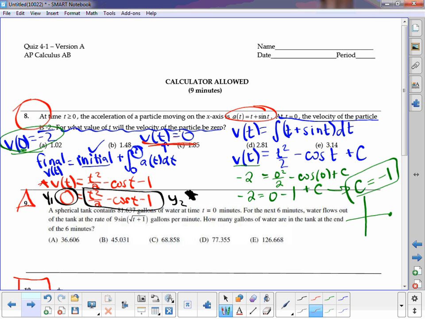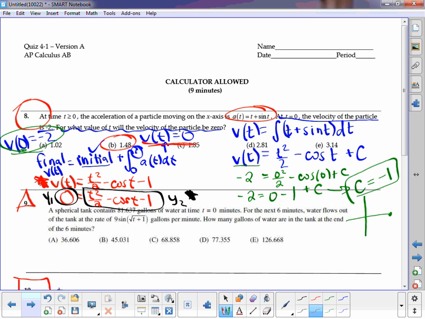And when you do that, you end up getting an answer of 1.47 something. Okay, so again, you had to do your actual calculus by hand to find the general equation for my velocity. Then you had to use the calculator to find when that actually equals 0. Questions with that one? Okay.